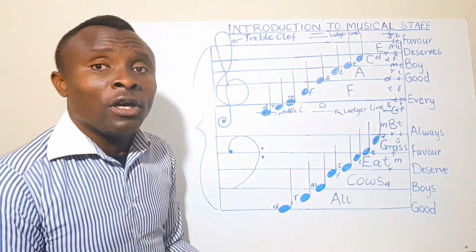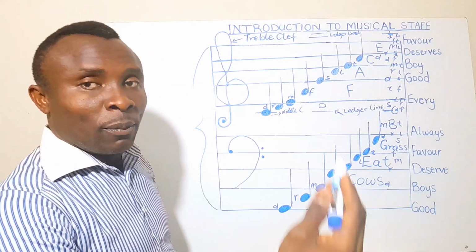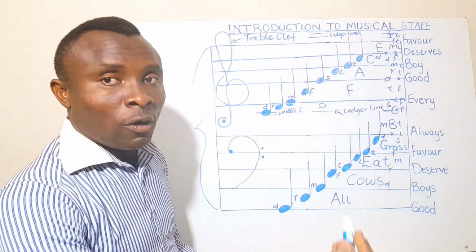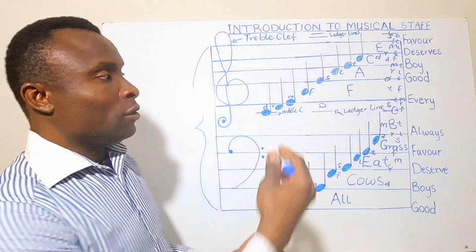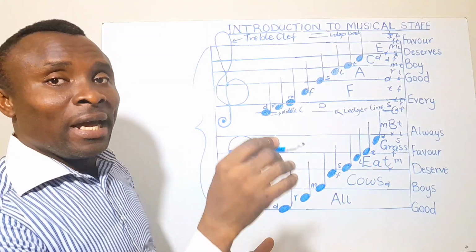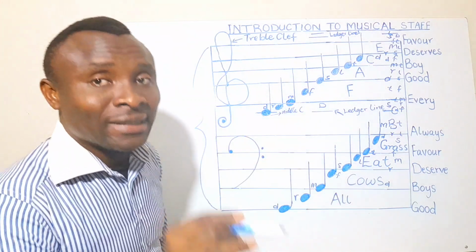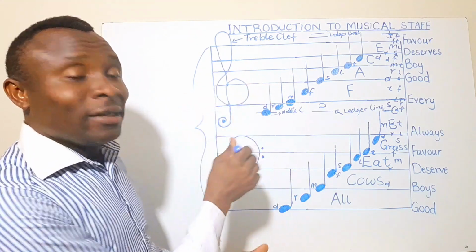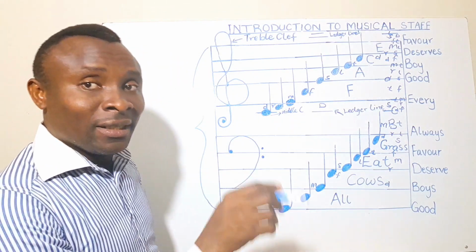For example, in a choral music where you have four parts, soprano or treble, alto, tenor, and bass, the treble clef is where the treble or soprano part, alto, and tenor are represented, while the bass clef is where the bass part is represented.